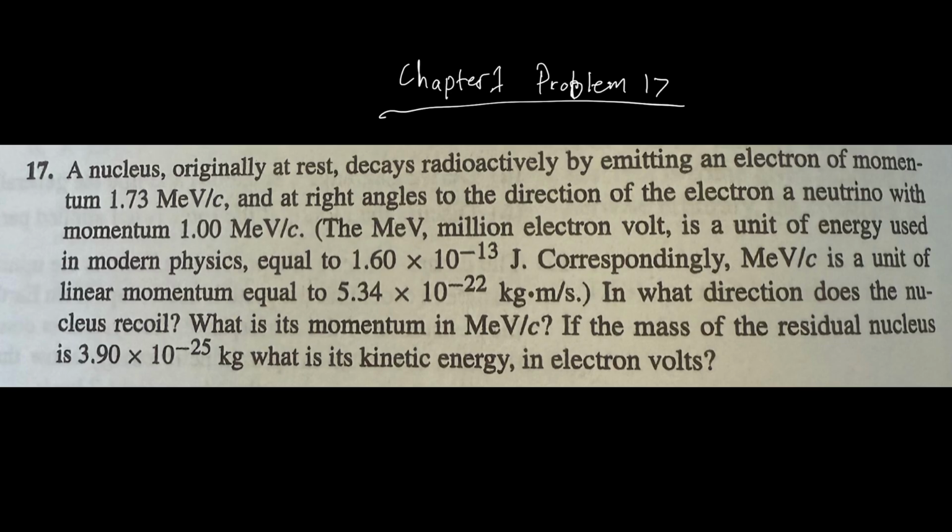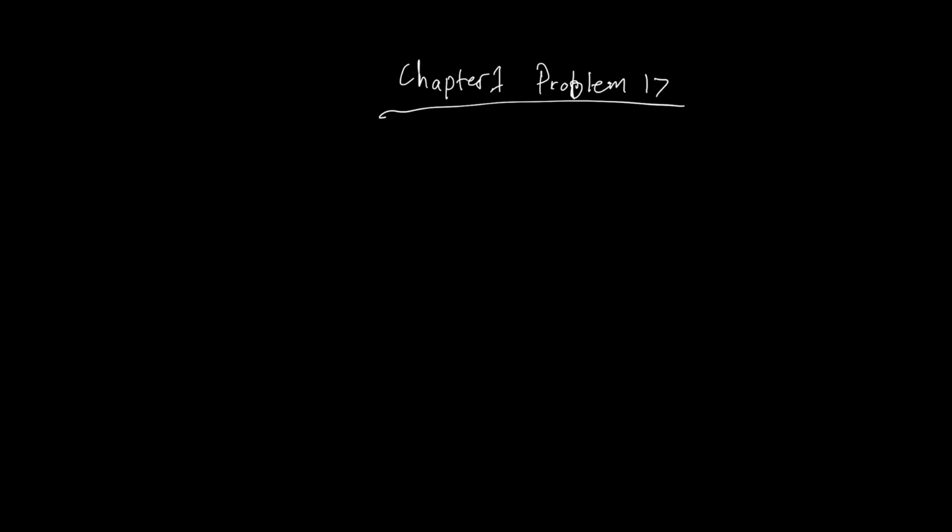Okay, so to start this off, it's actually pretty simple. We're going to have our y-axis and our x-axis just to draw it so that we can make sense of it. And we have these two vectors. We have an electron going this way, and it has a momentum of 1.73 MeV/c.